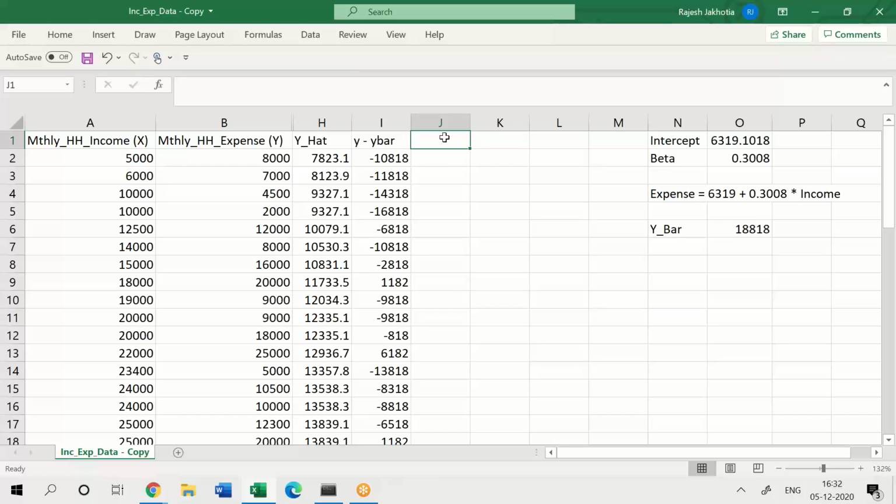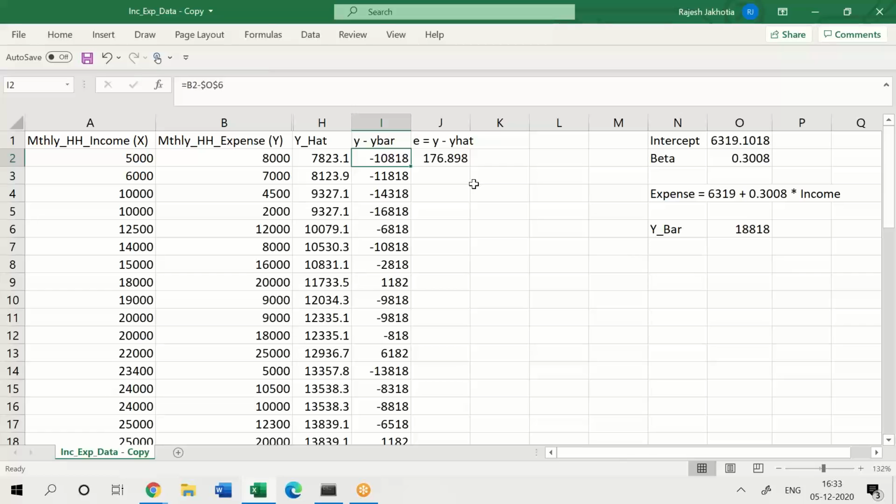So what is my model error? The error which my model is leaving behind is y, the actual value, minus y hat. So what is the error? This is 8,000 minus 7,823, because that is the value predicted for the first household having income 5,000 using the information which is income. So my error is 176.